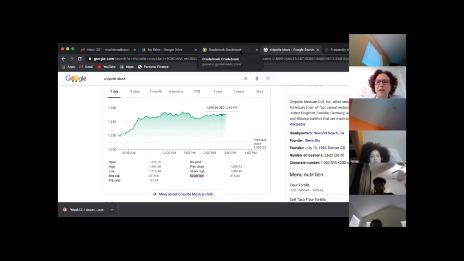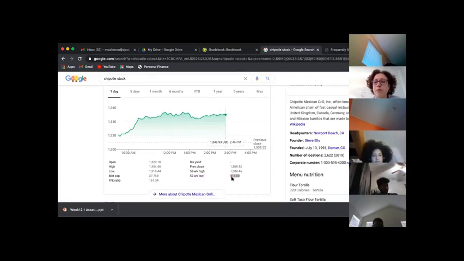Yeah, so in the last 52 weeks, which is a year, what was the highest price that the stock reached? And the 52-week low, in the last 52 weeks, was the lowest amount. So that's a pretty big range.